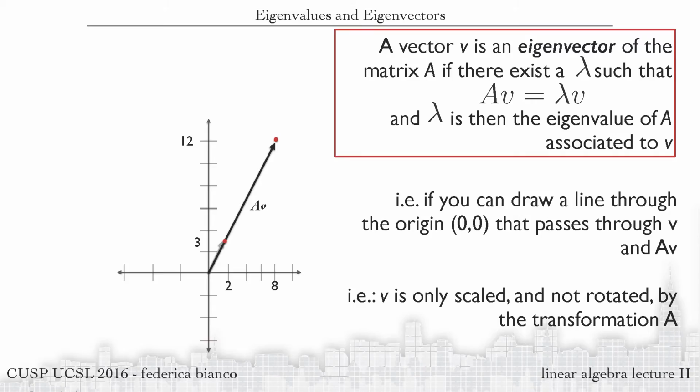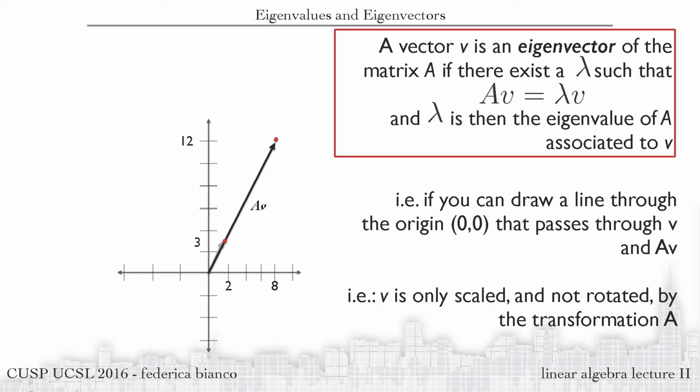So a vector V is an eigenvector of a matrix A if there exists one particular lambda, which is a constant, such that the matrix times the vector is equal to that constant times the vector. Then lambda is also referred to as the eigenvalue of that eigenvector. Just incidentally, eigen means self in German, or proper, or one's own.